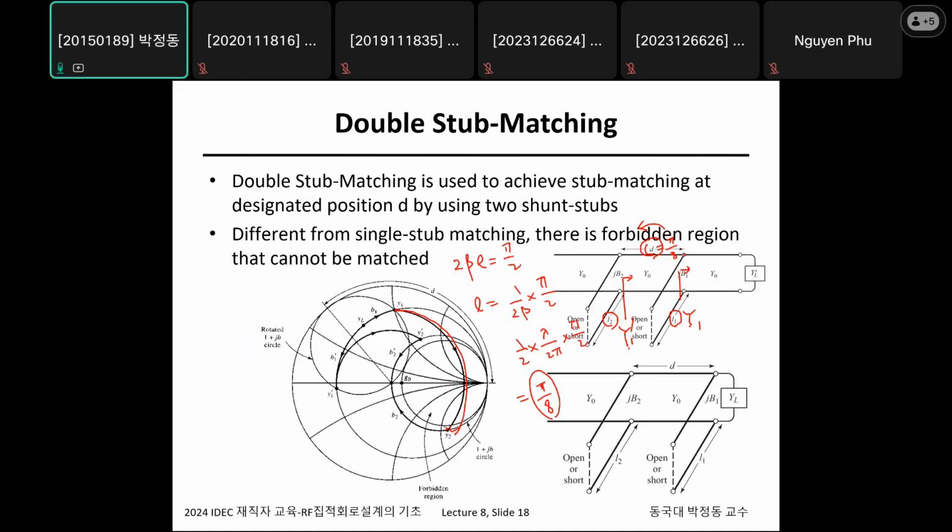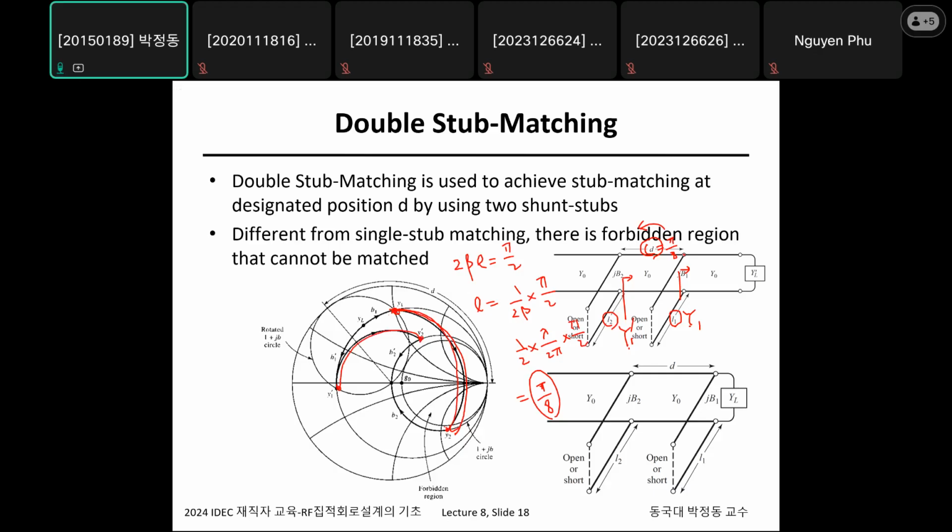Lambda over 8, then these two intersection points, this and this, this is a move to here, and this is a move to here.